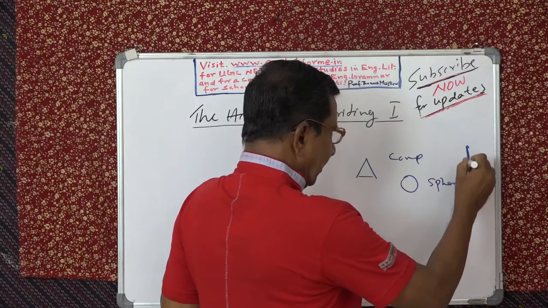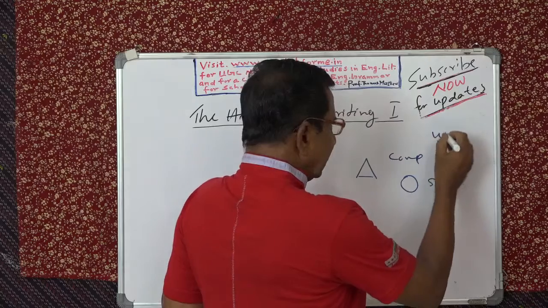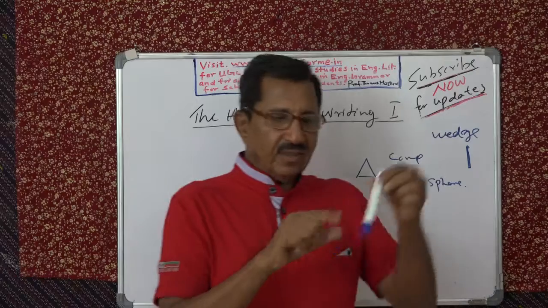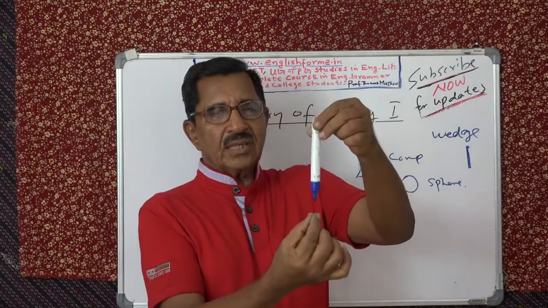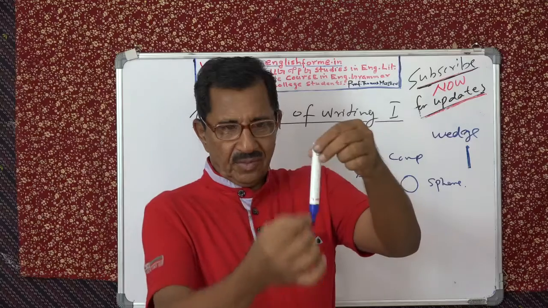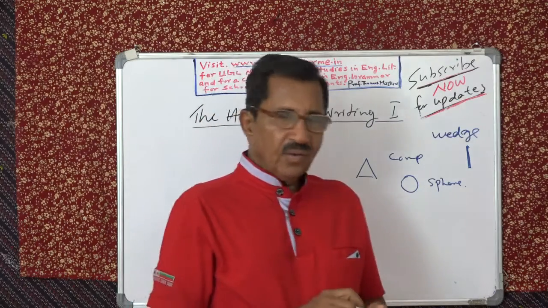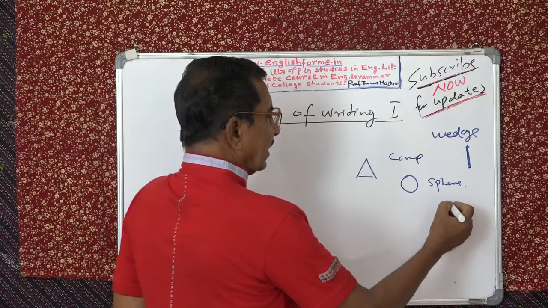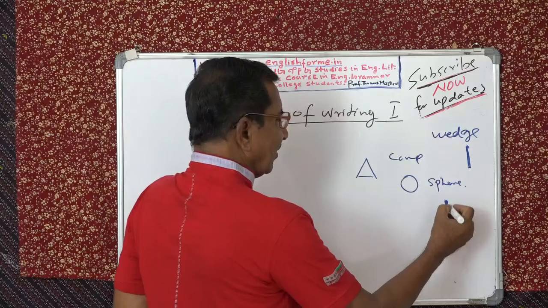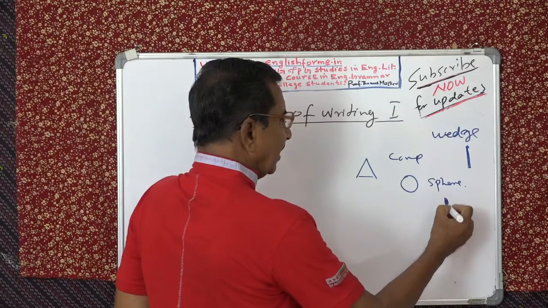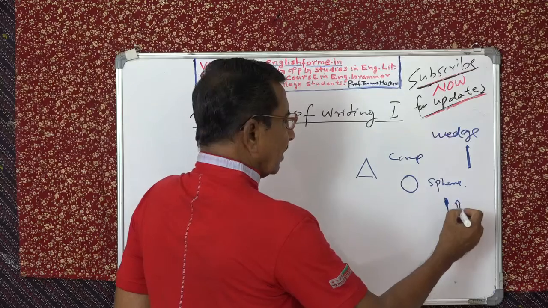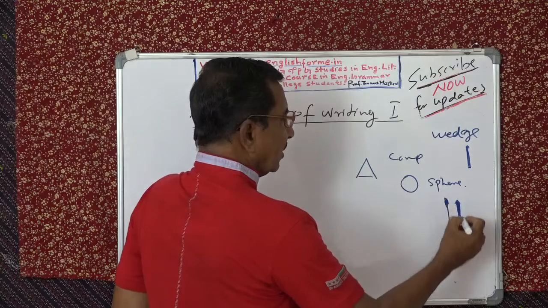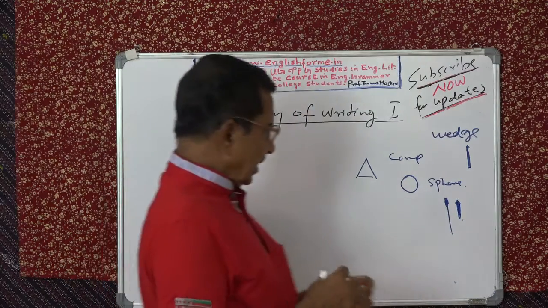If you put an arrow something like this, you don't put it, but if you put it, it is a wedge shape. Wedge means this is a wedge, tapering towards one end. Suppose you write small L like this. If you want to decorate it a little, it will be something like this. So this is wedge shape.